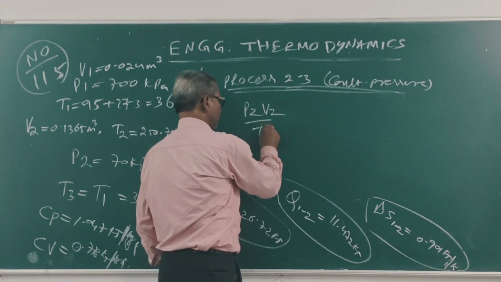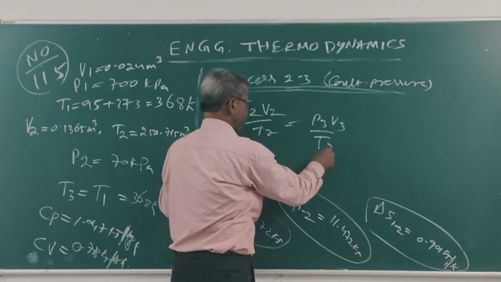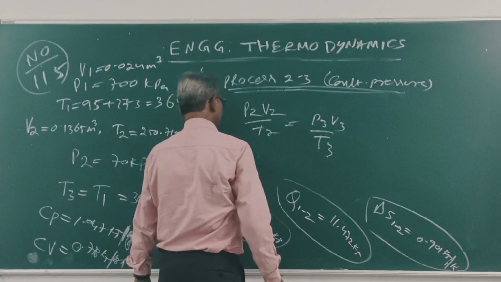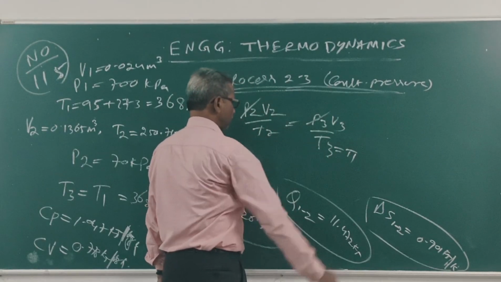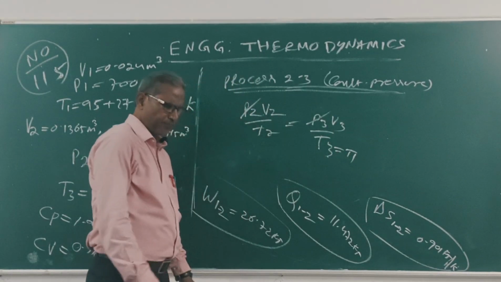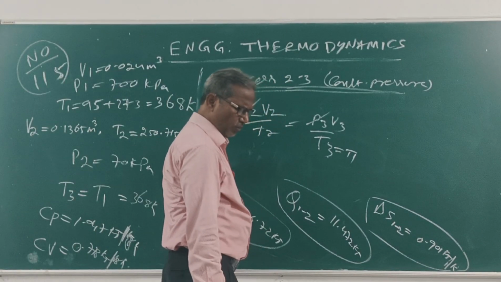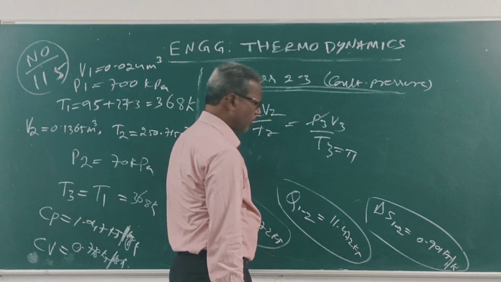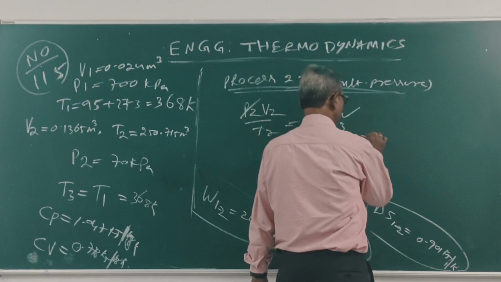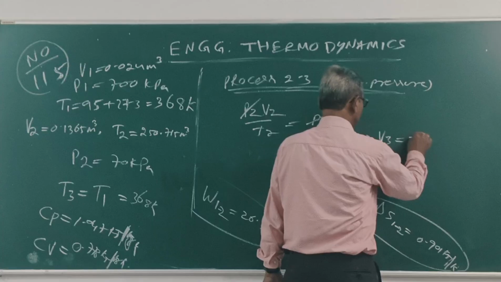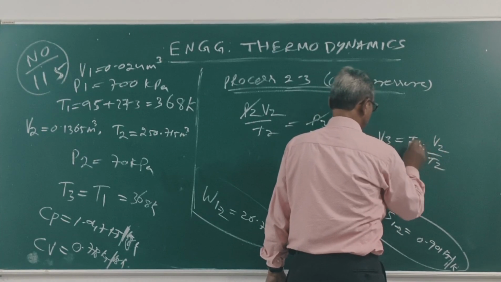P2 by T2 is equal to P3 by T3. Given T3 equals T1 and P2 is equal to P3. Clear? Now find the value of V3. This implies V3 is equal to T1 into V2 by T2.